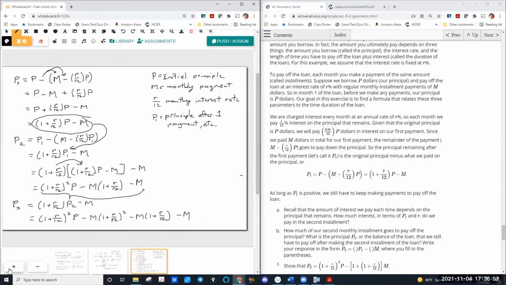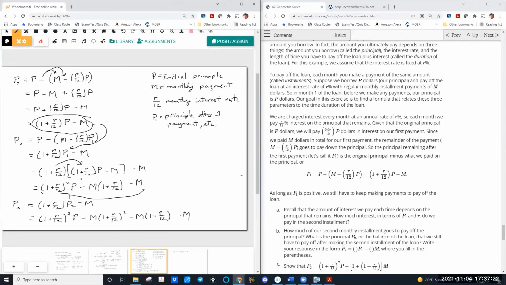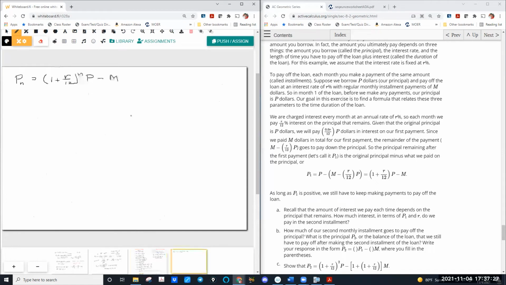So we can generalize this. We have to go over to a new slide for the nth term. So P sub n equals 1 plus r over 12 to the n times our initial principal, minus, and now what I'm going to do is factor out the m. I'm going to factor out a negative m out of these 3 terms, and let me do this in 2 steps to make it obvious what's happening. If I factor out that m, I'm going to have 1 plus r over 12.